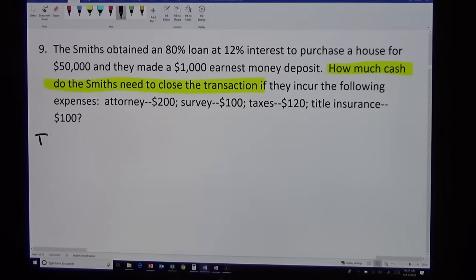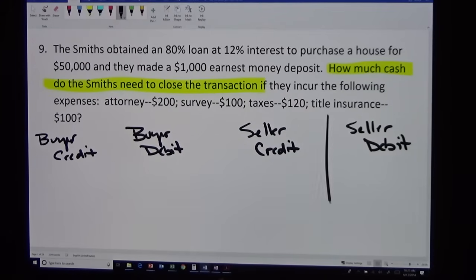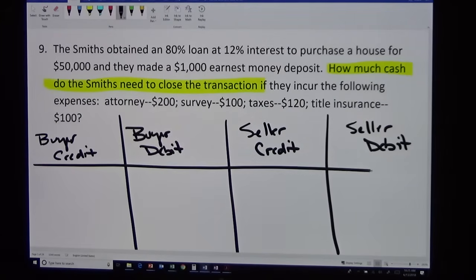We've got buyer credits, buyer debit, seller credits, seller debits. And we're just making our columns.